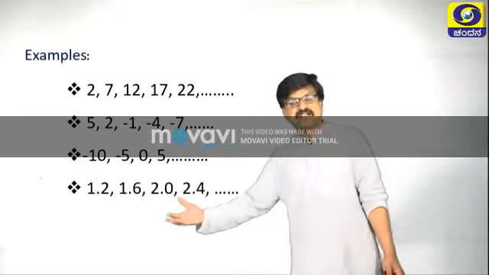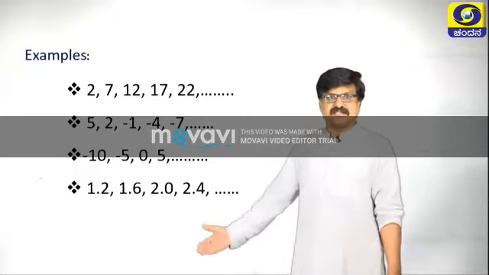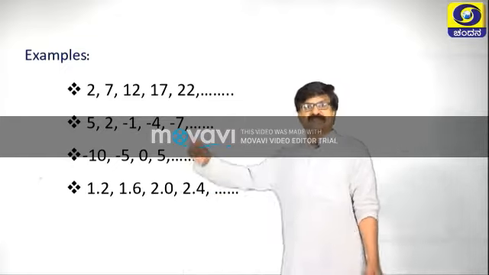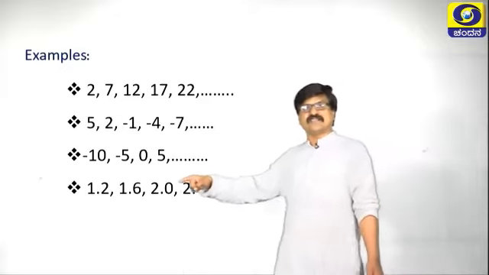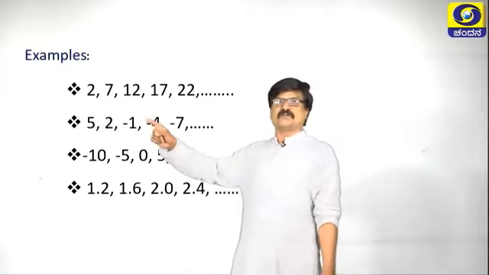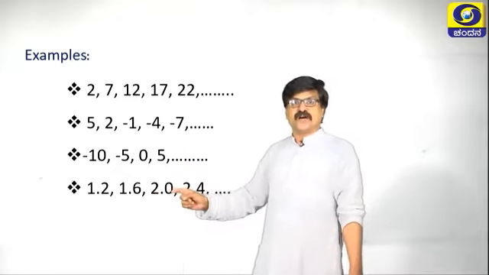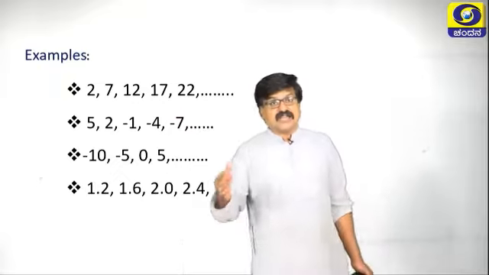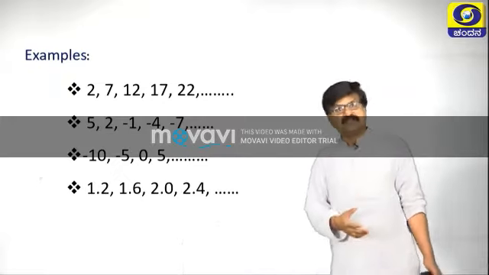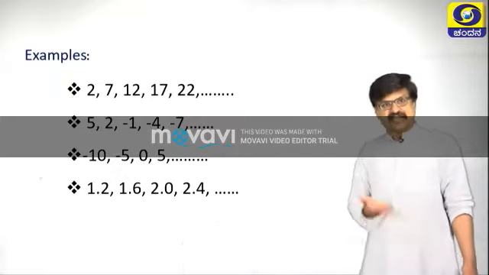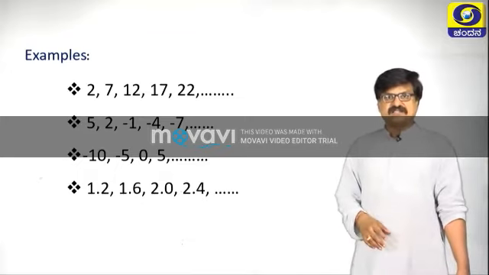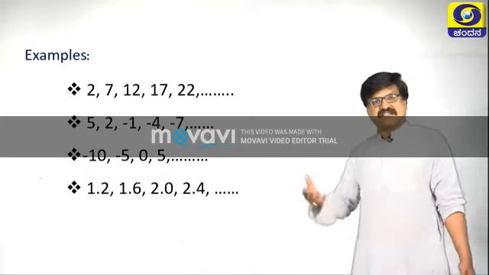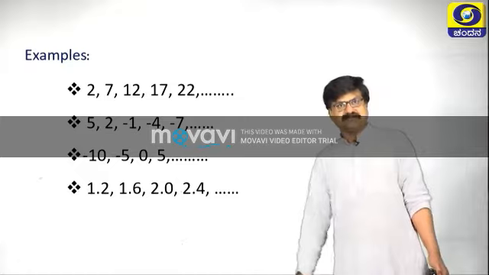A decimal number related AP example here: 1.2 plus 0.4 is 1.6, 1.6 plus 0.4 is 2.0, 2.0 plus 0.4 is 2.4. So, here the fixed number may be a positive number or a negative number or a decimal number, we can consider any real number here.